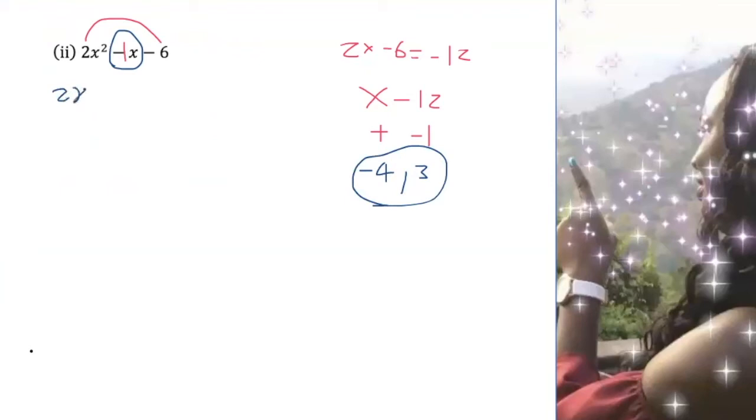So I have 2x squared minus 4x plus 3x minus 6. Now, if you realize the center, I've replaced it with the two factors, but I've attached an x.